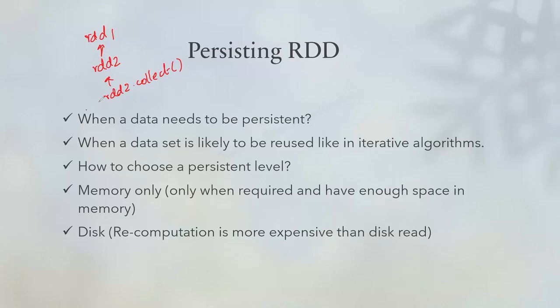The moment the final action command is done, backtracking happens and data is collected. Once the data gets collected, the content of RDD1 and RDD2, which was residing in the RAM, gets automatically purged out. Meaning we no longer need those RDDs because the final output has been collected, and hence the earlier intermediate outputs are no longer needed. So it will automatically be purged from your RAM space.